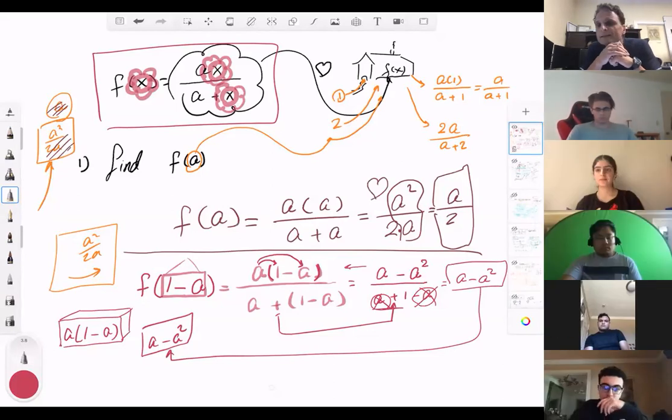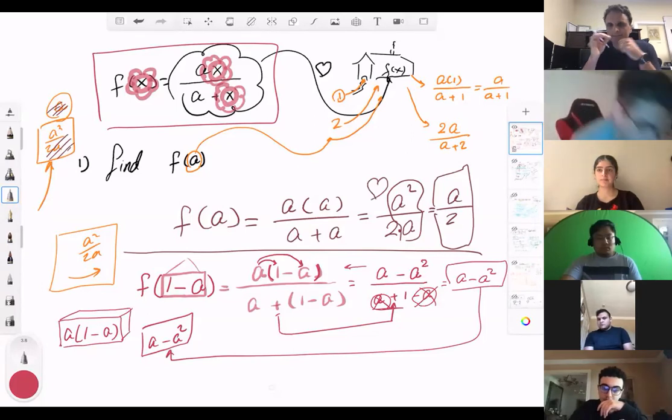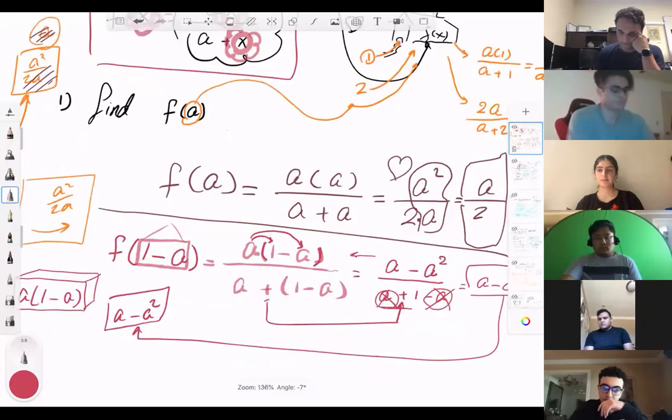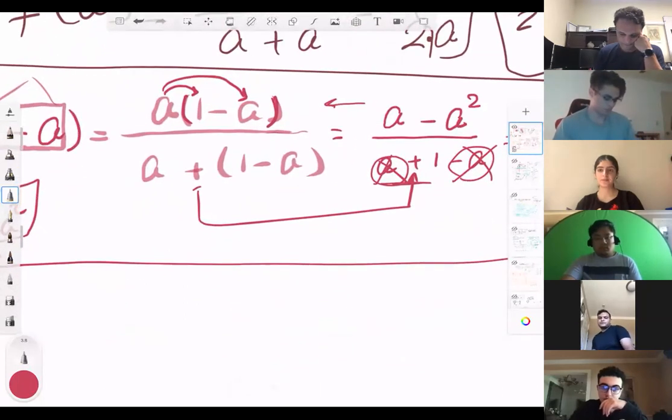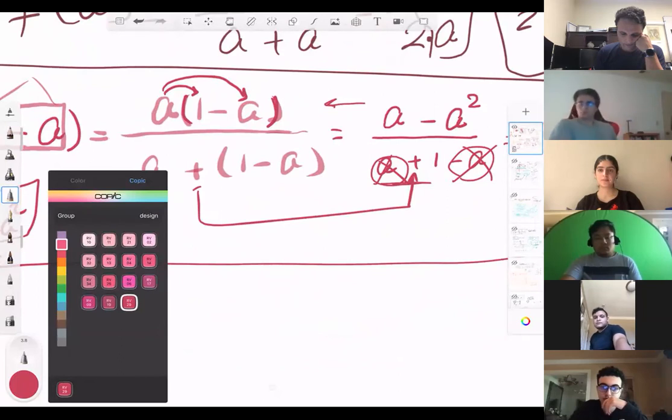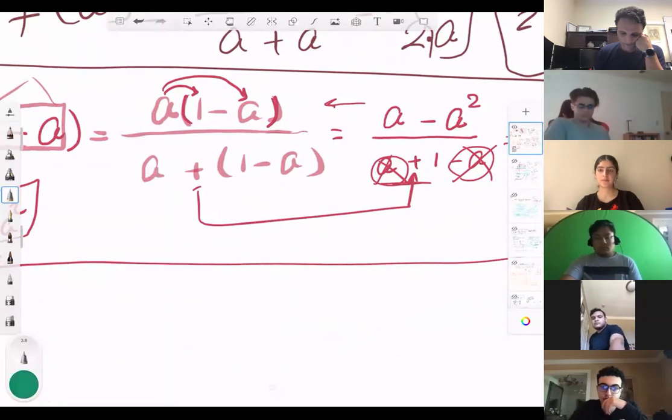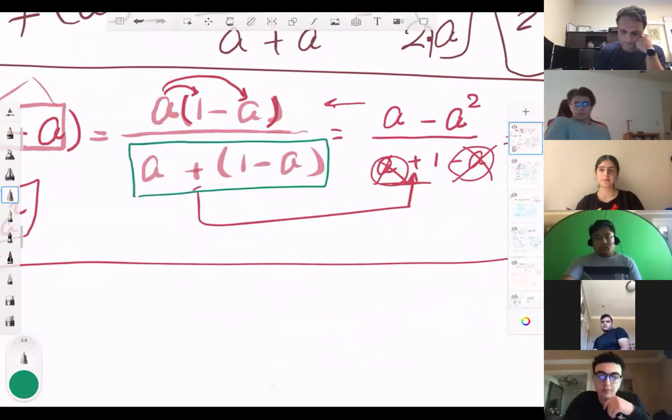Professor, how did you get rid of the bottom a and minus a? Sure. Very good question. So you're asking about here, correct? We have a parenthesis.